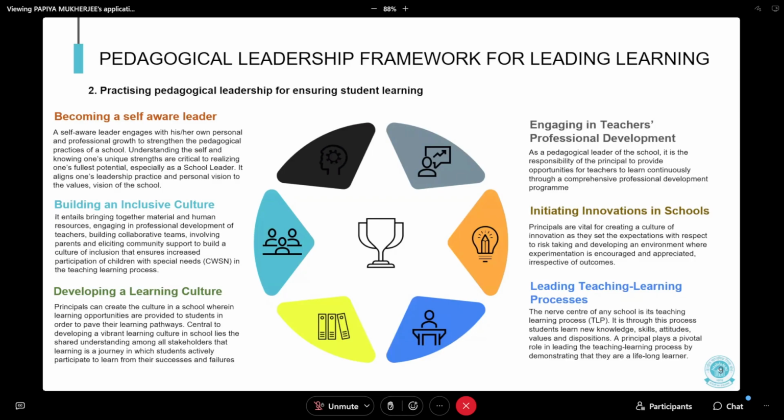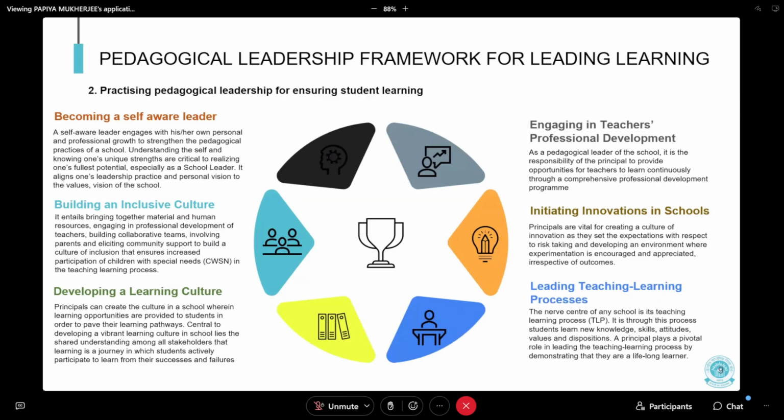As a pedagogical leader, you have to promote innovation. Just like you have to create an inclusive culture and a learning culture in the school, similarly, you need to create a culture of innovation in the school. When you do that, you set expectations. And that expectation is you need to understand that innovation means there would be risk-taking. You have to create a culture where experimentation is encouraged and appreciated, irrespective of outcome.